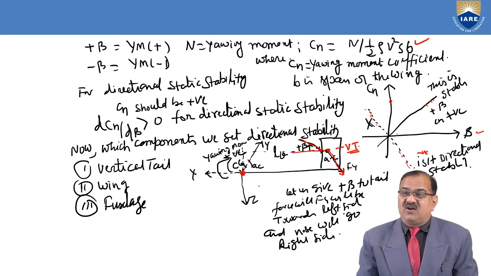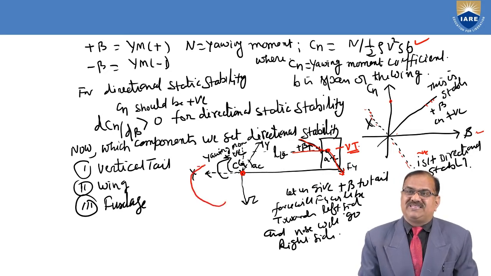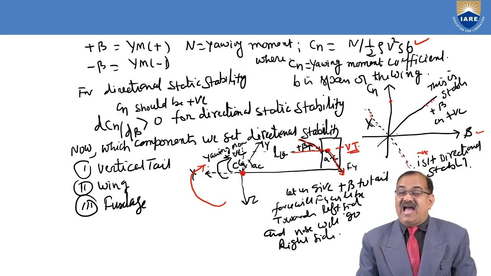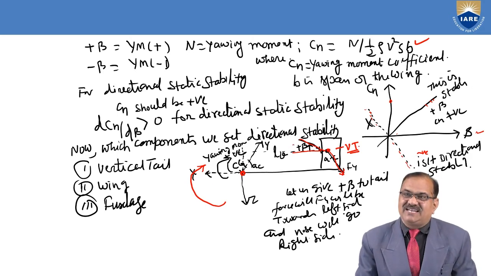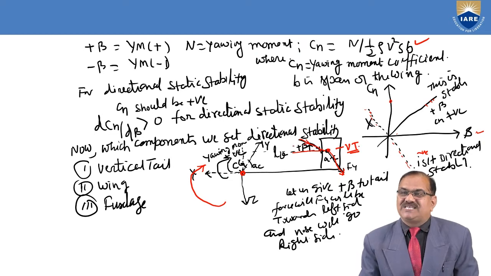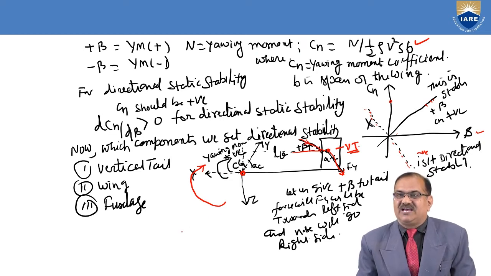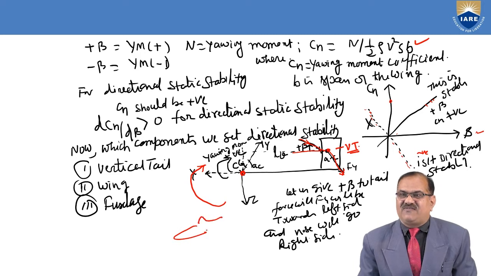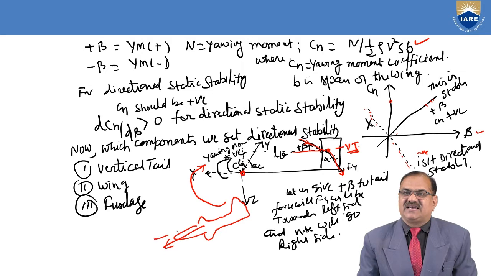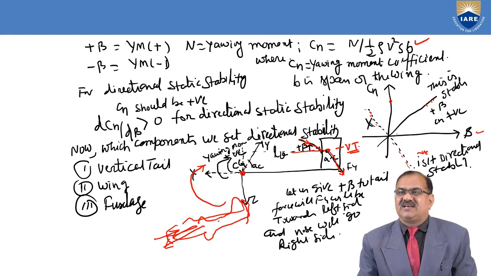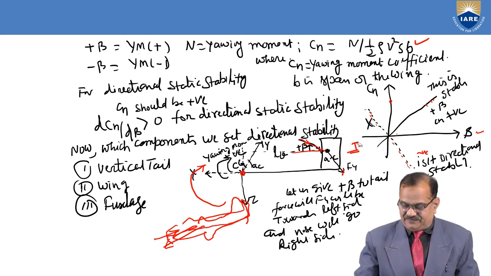This Fy will try to move the aircraft in this direction, up to the angle where beta and the nose are in the same line. So the nose will be matching with the flow, and we can say that the aircraft is directionally statically stable.